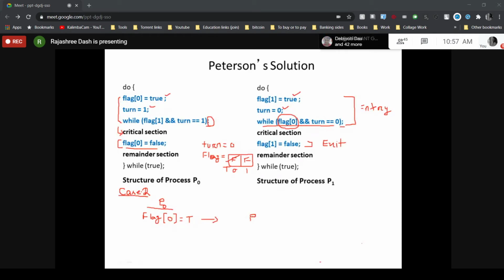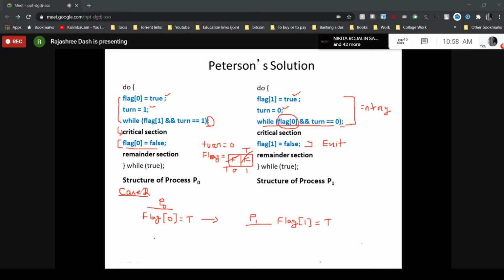It is not like in the previous example, where I told you P0 was executing in its critical section and P1 starts. Here P0 and P1 start simultaneously: while P0 is executing its first statement, P1 starts and also executes its first statement, flag 1 equal to true. So now that is also set to true.